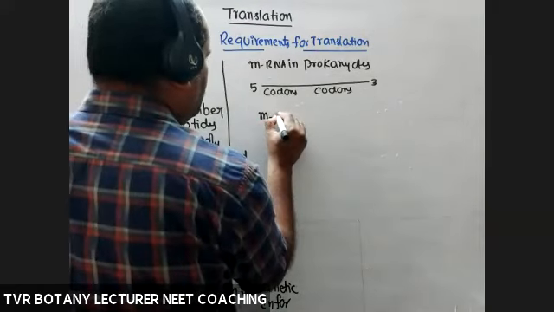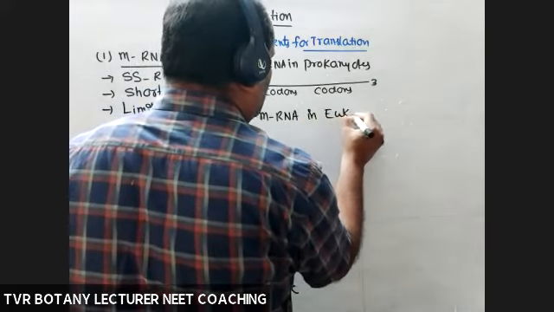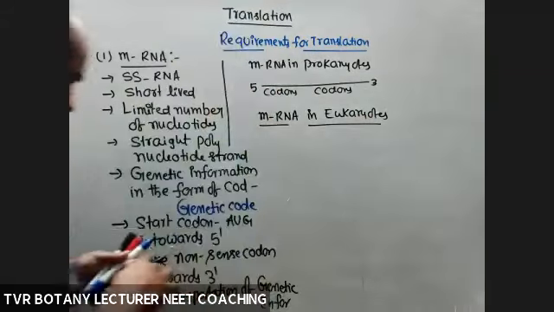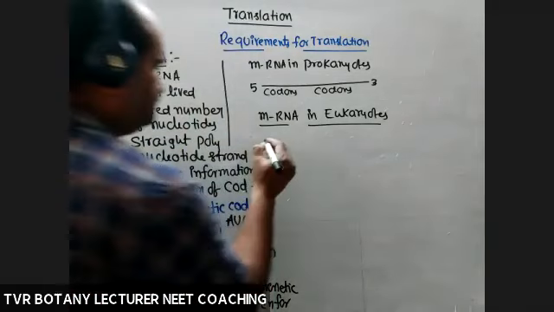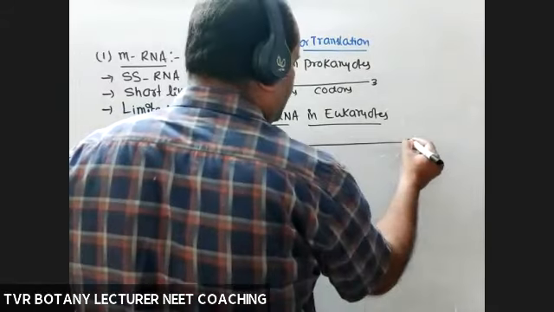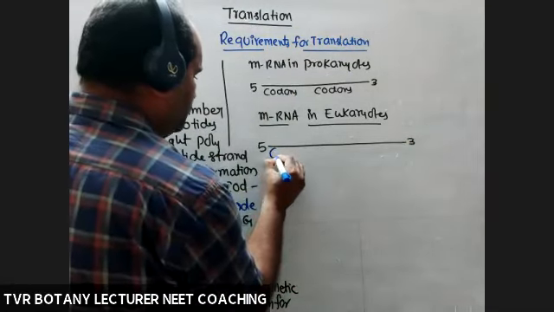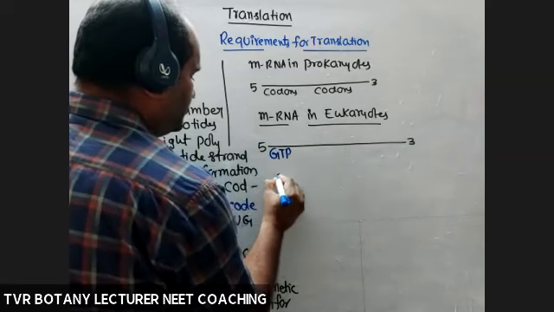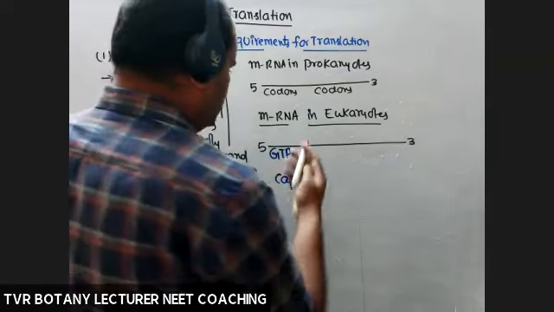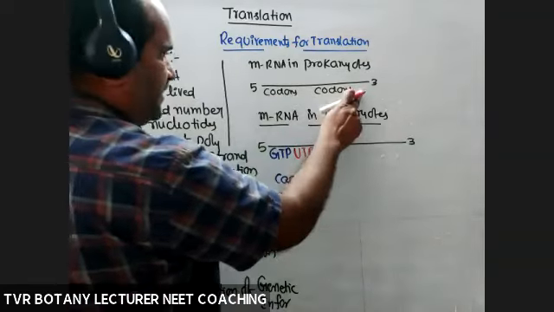And mRNA in eukaryotes. What about the mRNA of eukaryotes? 5' and 3'. Here it is a GTP molecule. This is the cap part. Next, the UTR region. Actually, here also UTRs are present, but they didn't explain.